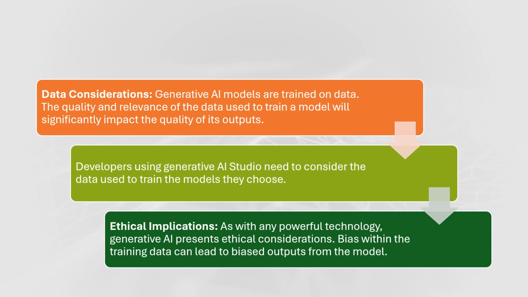So we have to make sure we take the ethical implications in mind. There's bias, for example, bias within the training data. If you have bias in the training data, it can lead to biased output from the model.